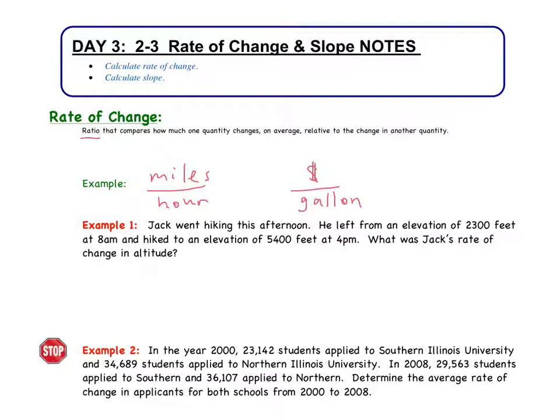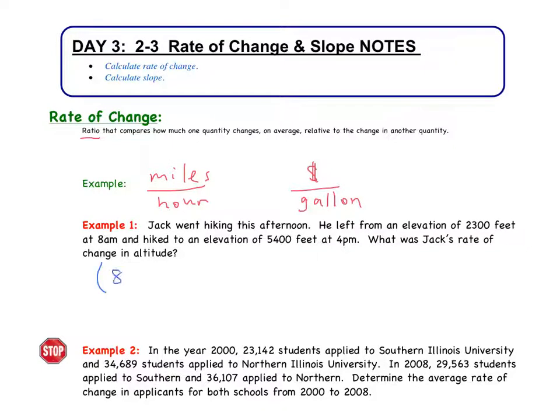So let's take a look at this first example here. Jack went hiking this afternoon. He left from an elevation of 2,300 feet at 8 a.m. and hiked to an elevation of 5,400 feet at 4 p.m. What was Jack's rate of change in altitude? Well, one thing we can do is think of this as a set of ordered pairs.